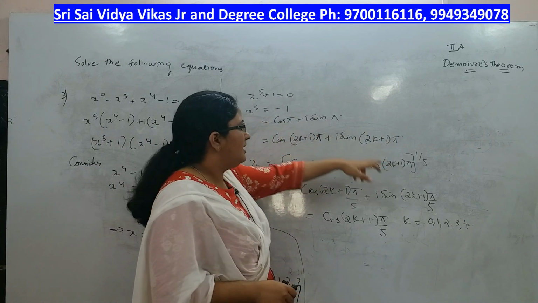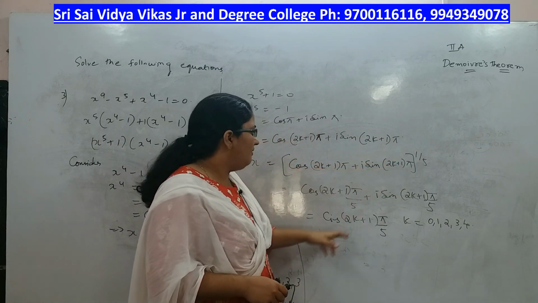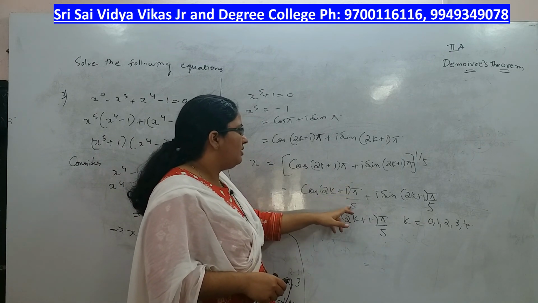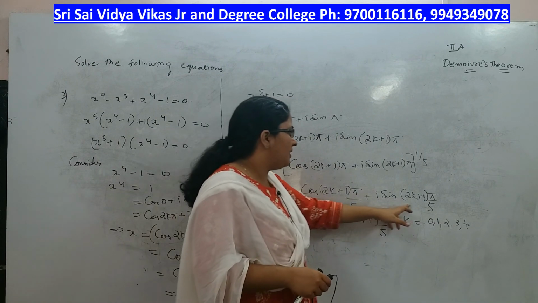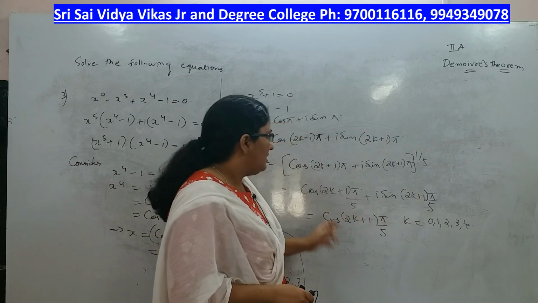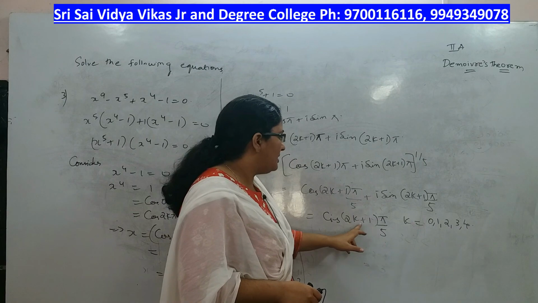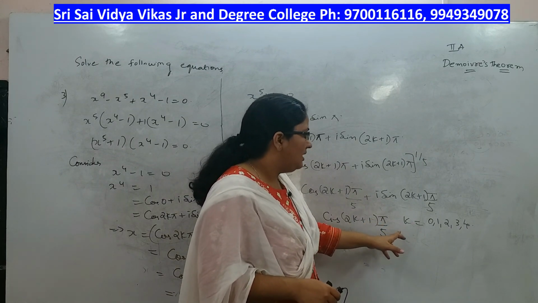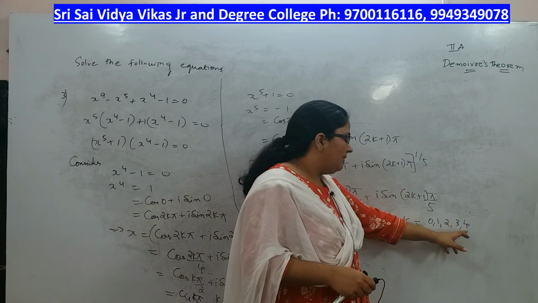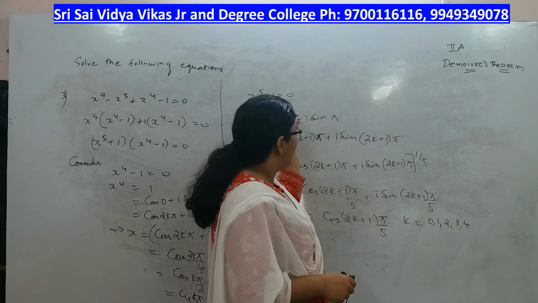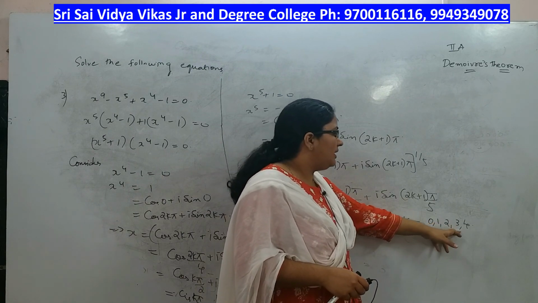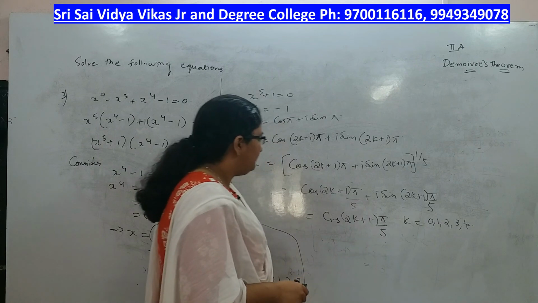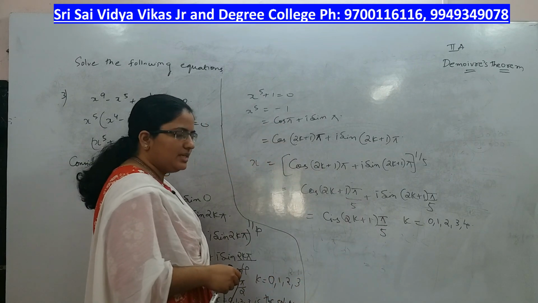Take 5 that side, it will become 1 by 5. 1 by 5 comes down, it will become cos (2k plus 1) into pi by 5 plus i sin (2k plus 1) into pi by 5. This is nothing but cis of (2k plus 1) into pi by 5, where k value ranges from 0 to 4. Because there are 5 values possible, you have 0, 1, 2, 3, 4. That's about this problem. We shall discuss the next problem.